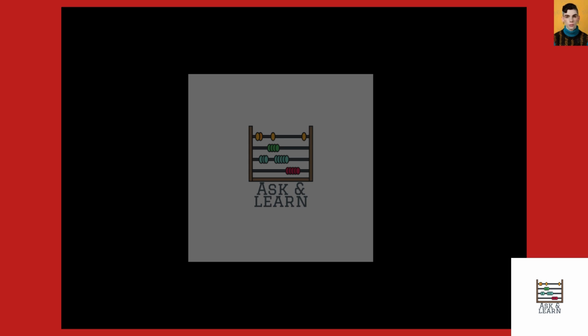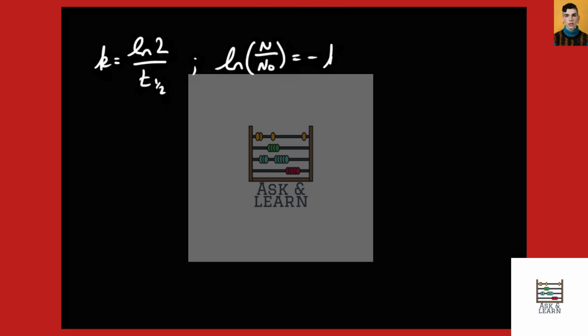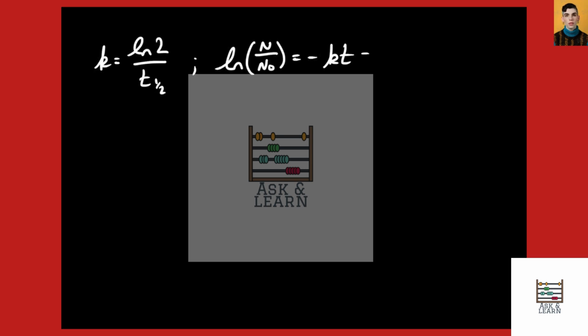So we know that k is equal to ln 2 over t1/2, and therefore ln N over N naught is equal to minus kt, which is equal to minus 0.693 t over t1/2. We'll use this formula here.